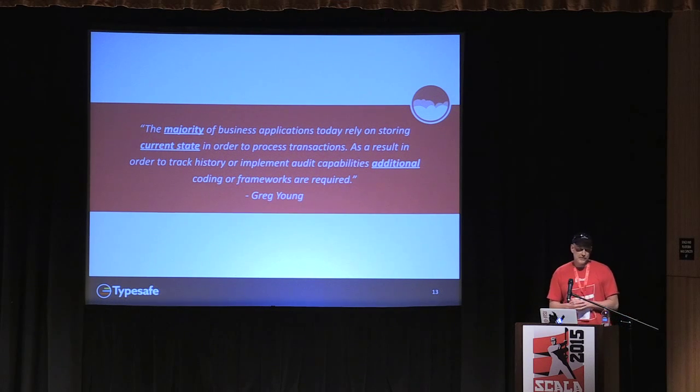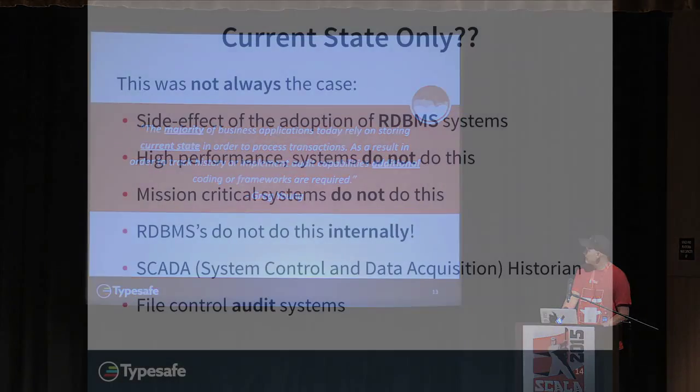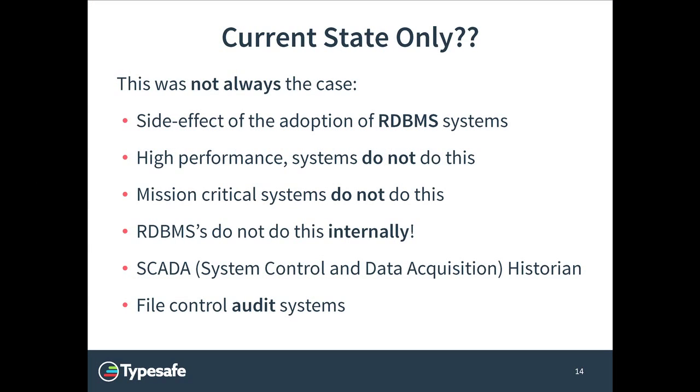A perfect example was Hibernate, where you can start to track things that you do inside of Hibernate. But the point of it is that you require extra coding to do this. It's not implicit inside of your model and how you process or reason about your environment. So, current state only, these types of models.